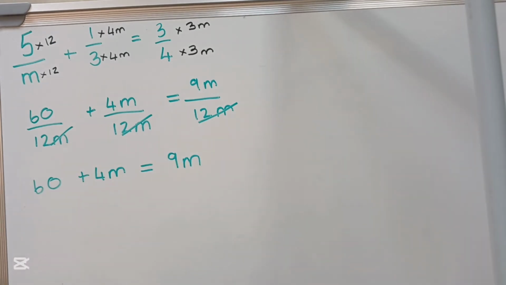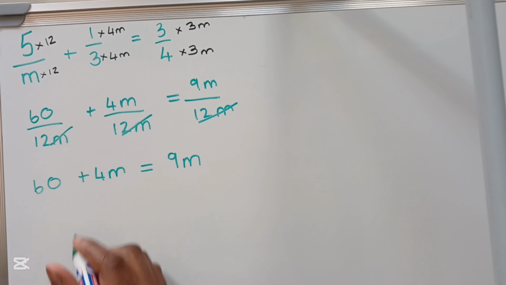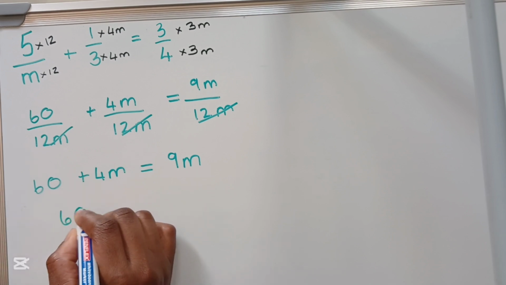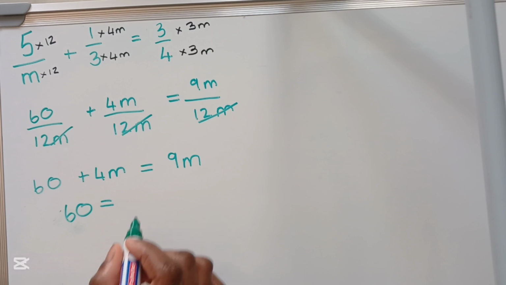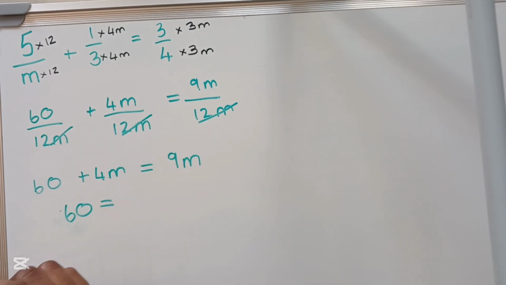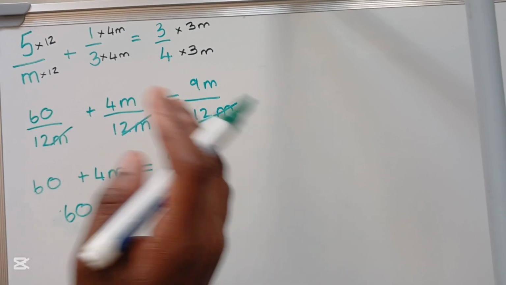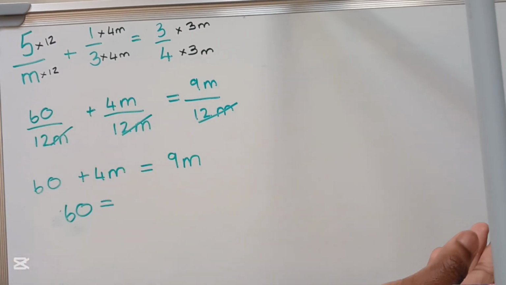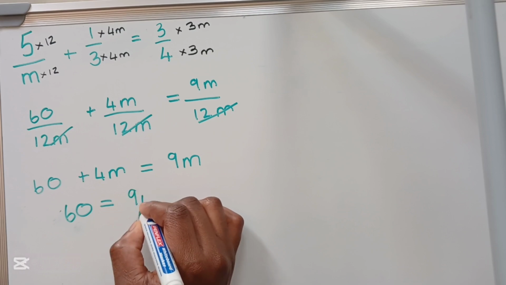Next, we want to isolate our unknown variables by moving them on one side of the equal sign and the rest on the other side. I'm going to leave 60 this side, and I'm going to move my 4 on the other side of the equal sign. You can decide to move your 60 this side and then your 9 this side, but just to make it easier, let me just move my 4m this side. 9m.